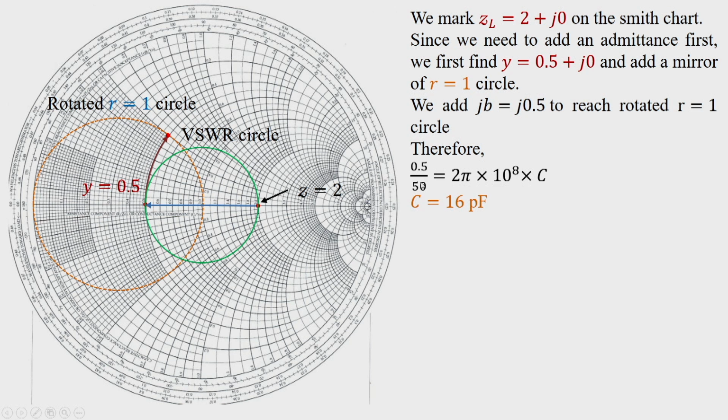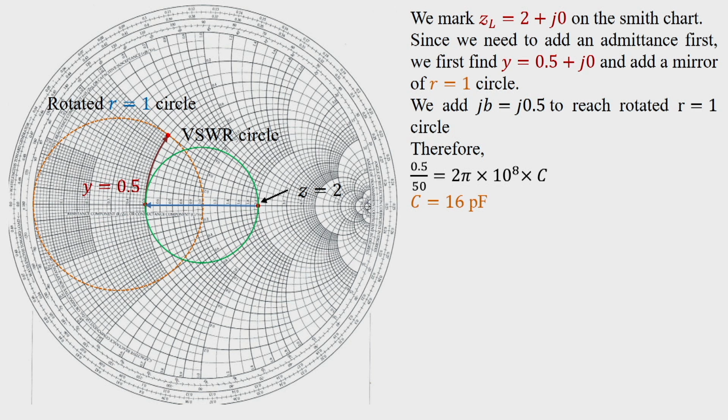We multiply it by 1 by 50, the value of y naught, to get B, and that should be equal to 2 pi f C, and from this we find the value of the capacitor to be 16 picofarad.